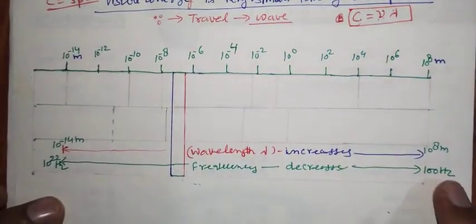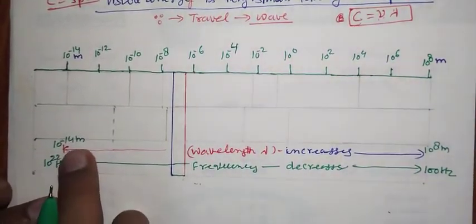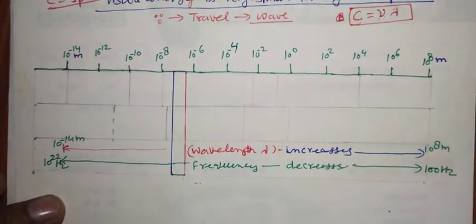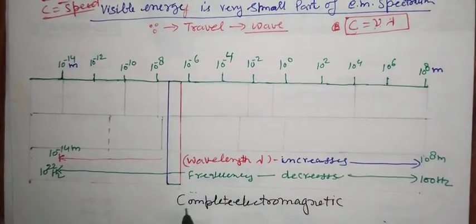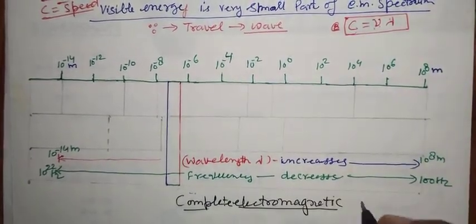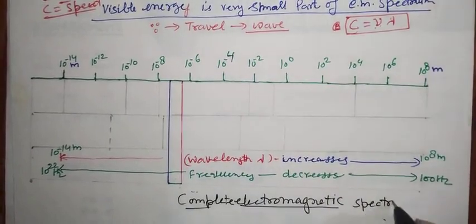It decreases a lot, whereas the wavelength increases. This whole picture is known as the complete electromagnetic spectrum.